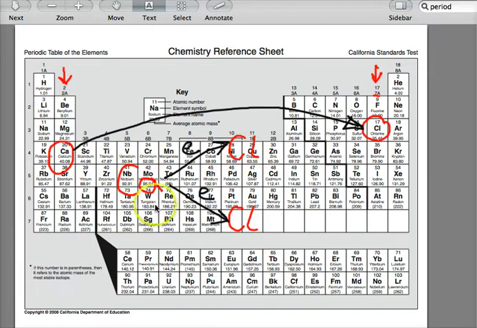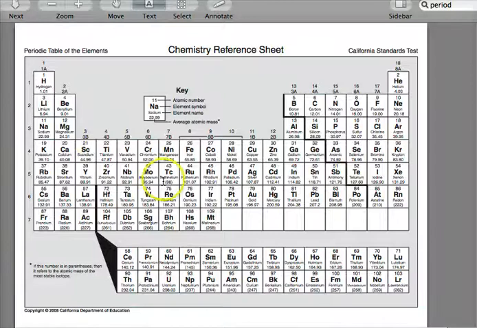We need 1 calcium, but 2 chlorines. The compound would be written CaCl2, because we only need 1 calcium atom, and we're supplying electrons to 2 chlorine atoms.